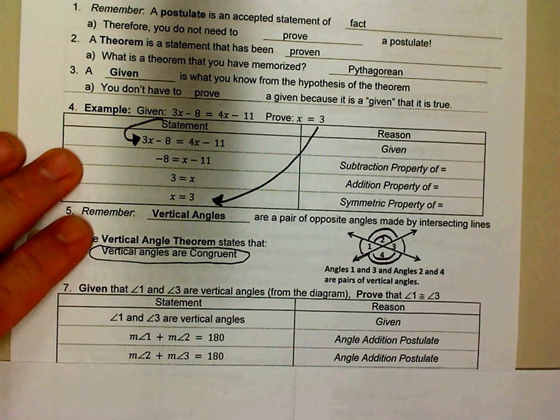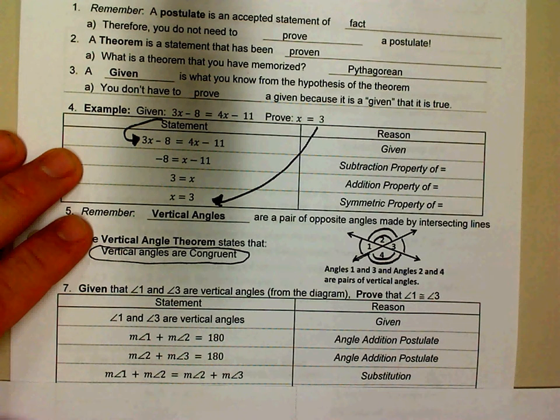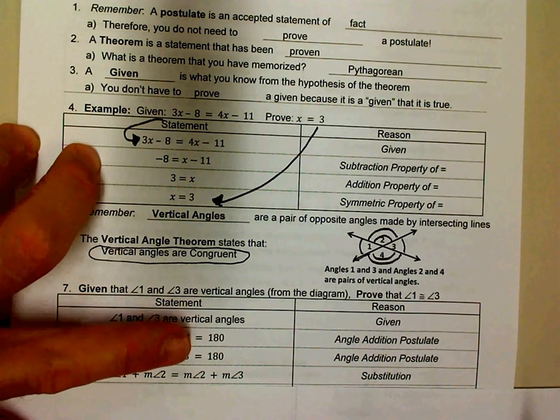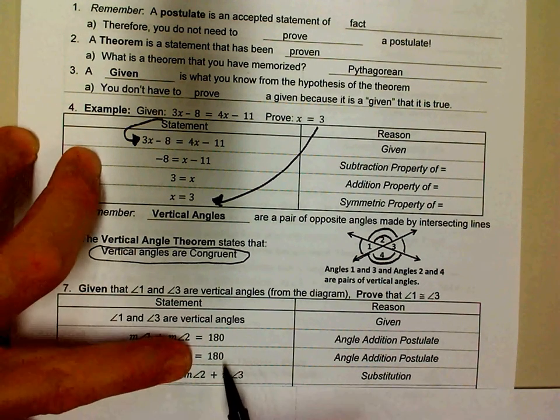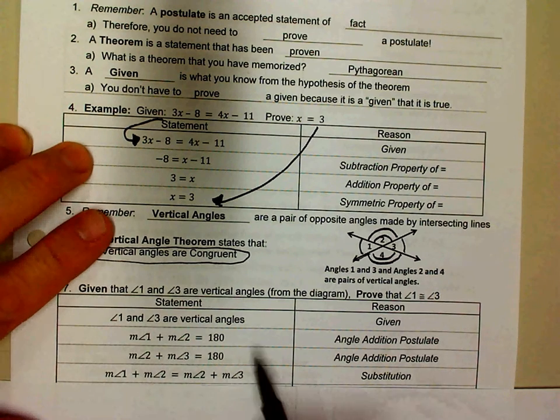The next step in our proof is using either the transitive property or substitution. I have listed here substitution, or some of you may recognize that we have something equal to 180 and something else equal to 180. So we can skip the middleman.